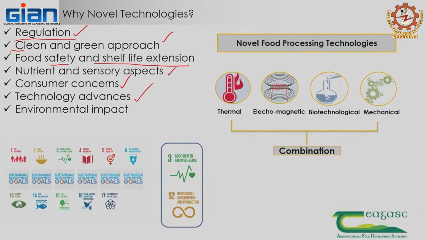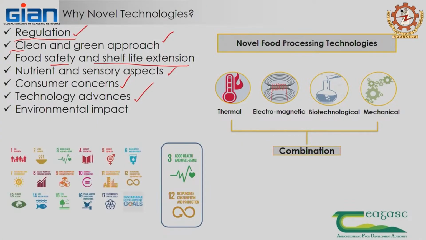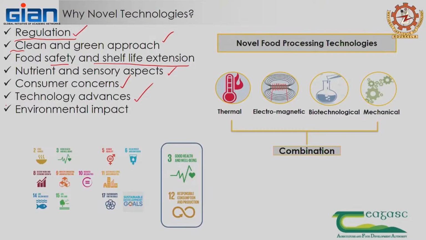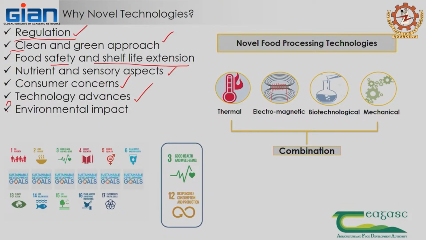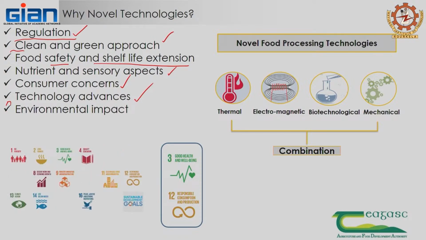Another one is that a lot of technological advances are happening to improve energy efficiency or process efficiency, and processors want to employ new technology in their processes, again to make more profit and to be more economical and environment friendly. It is something like when a new phone system comes into the market, you want to go for that technology. Why, when the previous one was working? It was working.